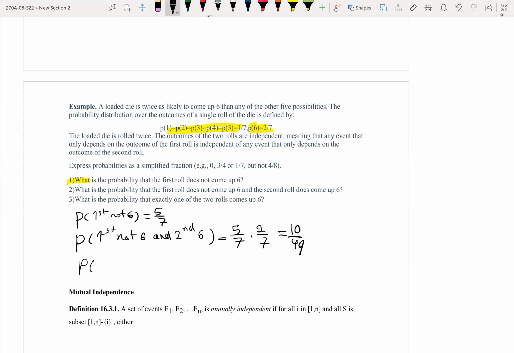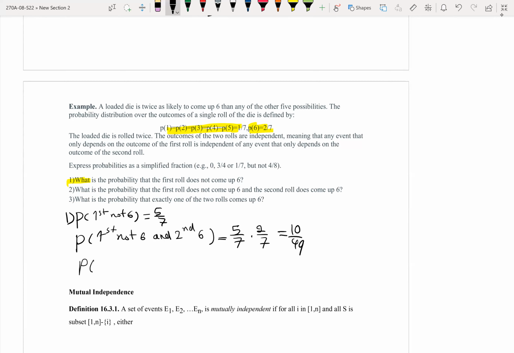How about number 3? The probability that exactly one of these two rolls is 6.